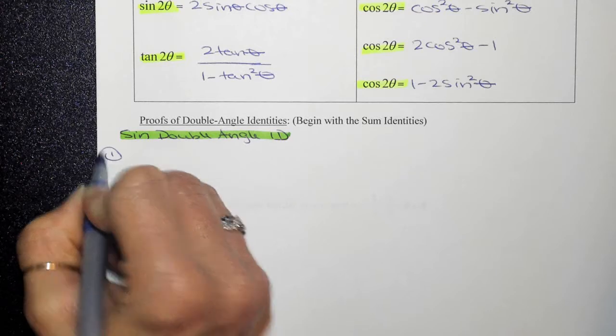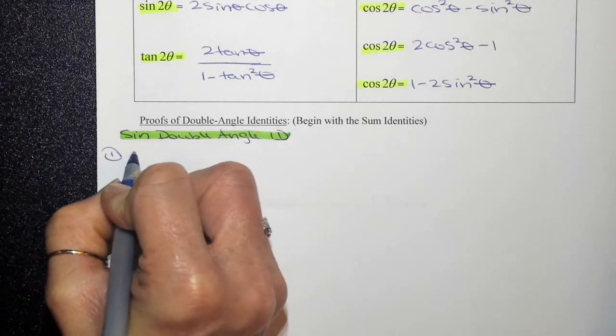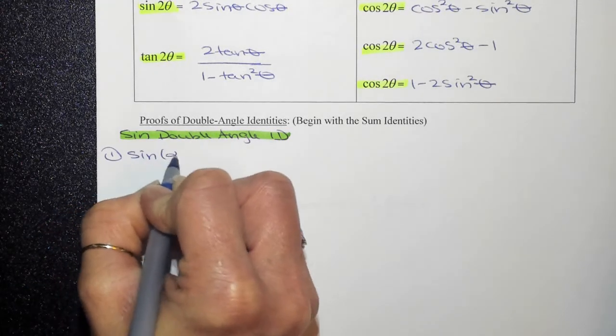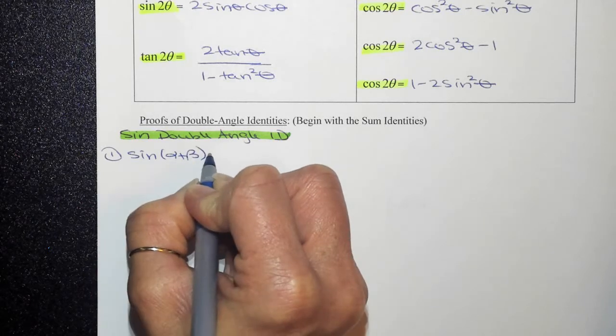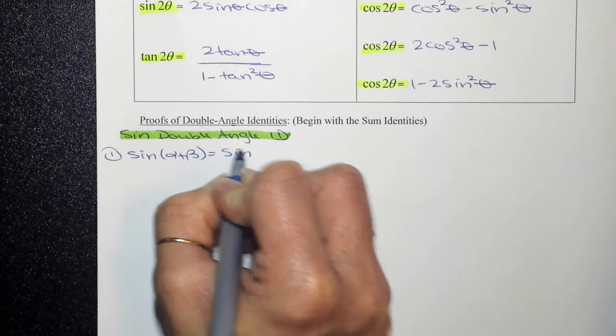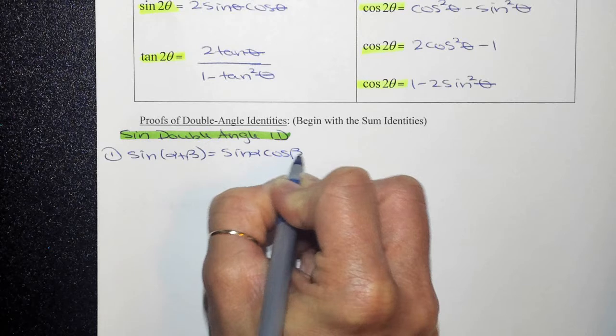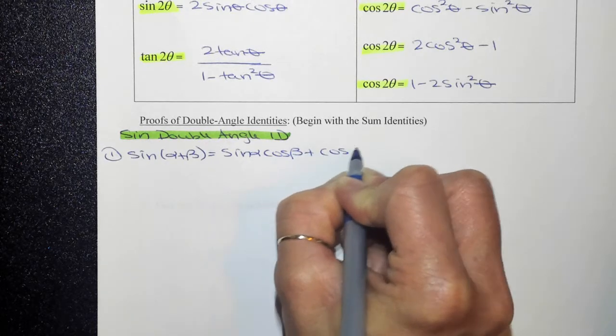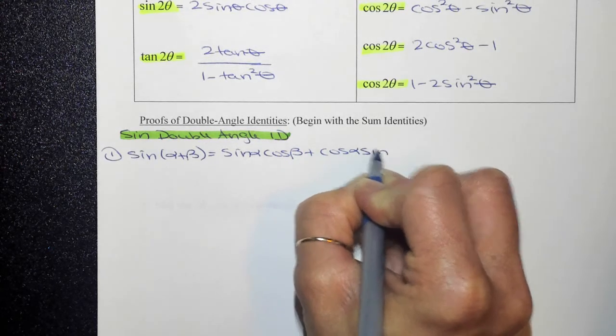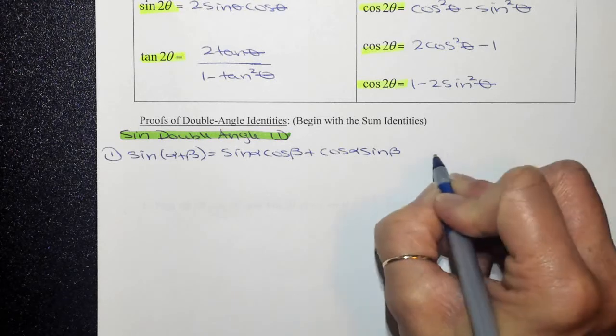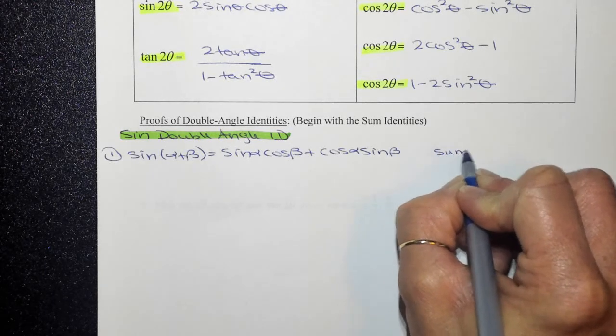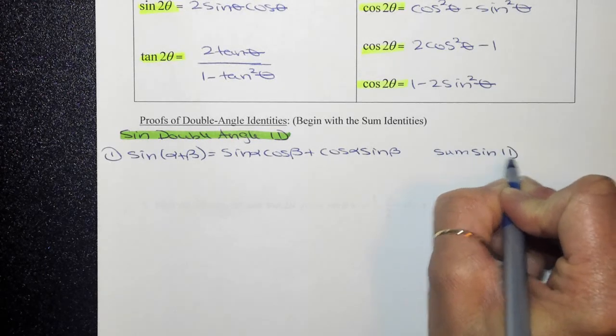So in step number 1, we have the sine of alpha plus beta, which is equal to sine alpha cosine beta plus cosine alpha sine beta. Okay, and this is the sum sine ID or sine sum ID.